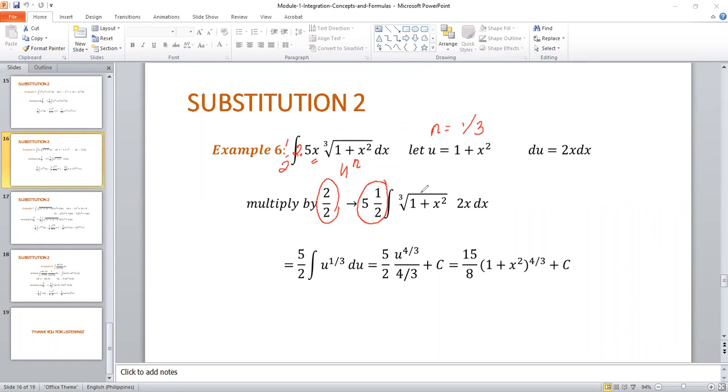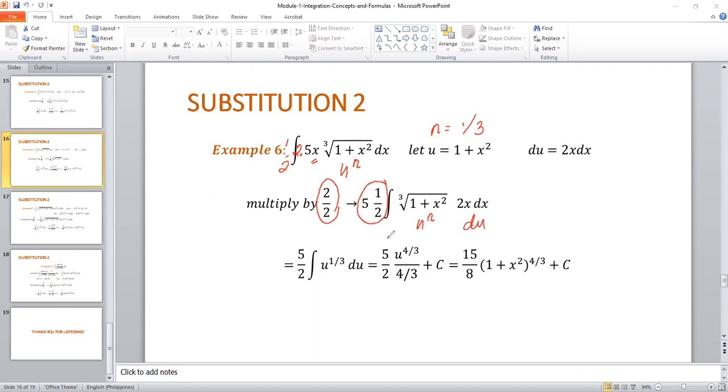5 times 1/2. And your cube root of 1 plus x squared is your u raised to n, and this is the du. If you use power rule for 1 plus x squared raised to 1/3, your n will become 4/3, and the denominator will be 4/3 because we copy the resulting exponent of the u.